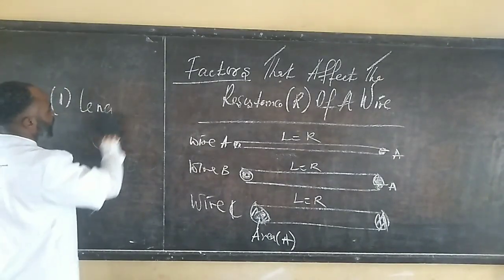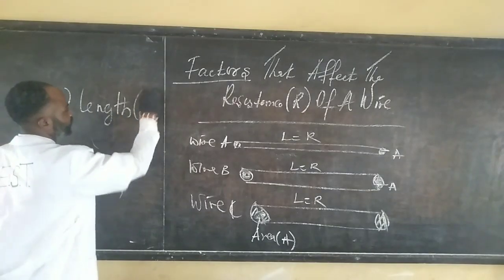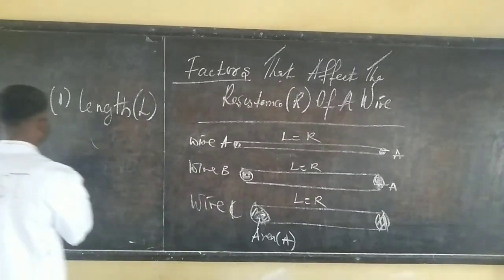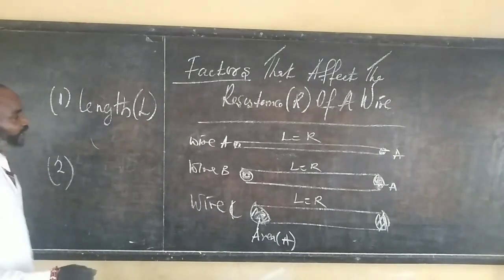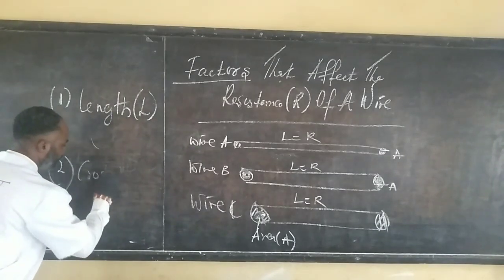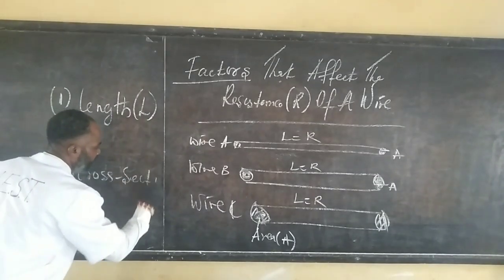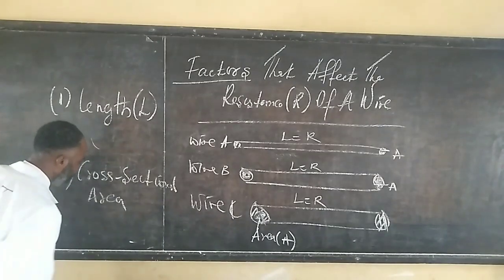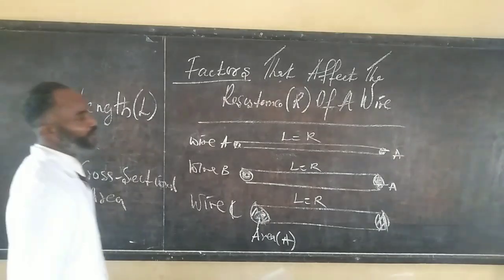The length of the wire is a factor that affects the resistance of the wire. Number 2, we have the cross-sectional area of the wire. The cross-sectional area of the wire is also another factor that affects the resistance of the wire.